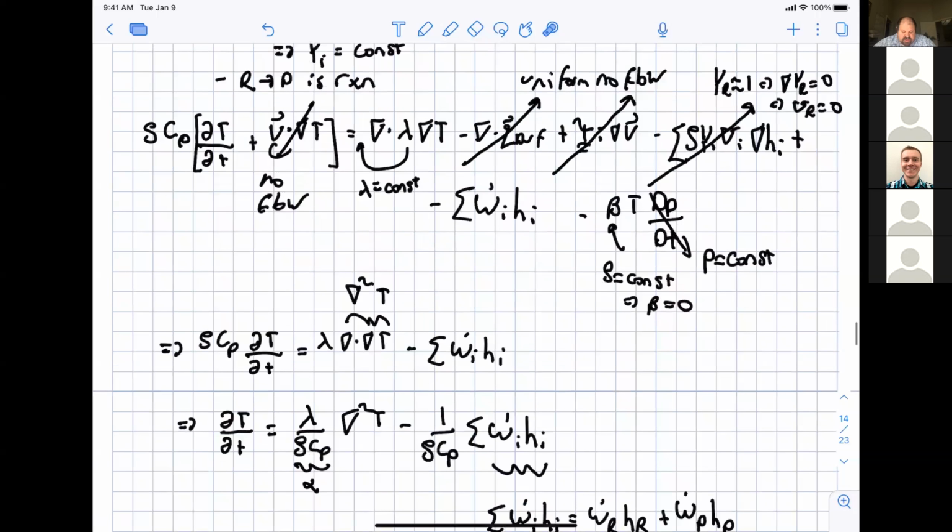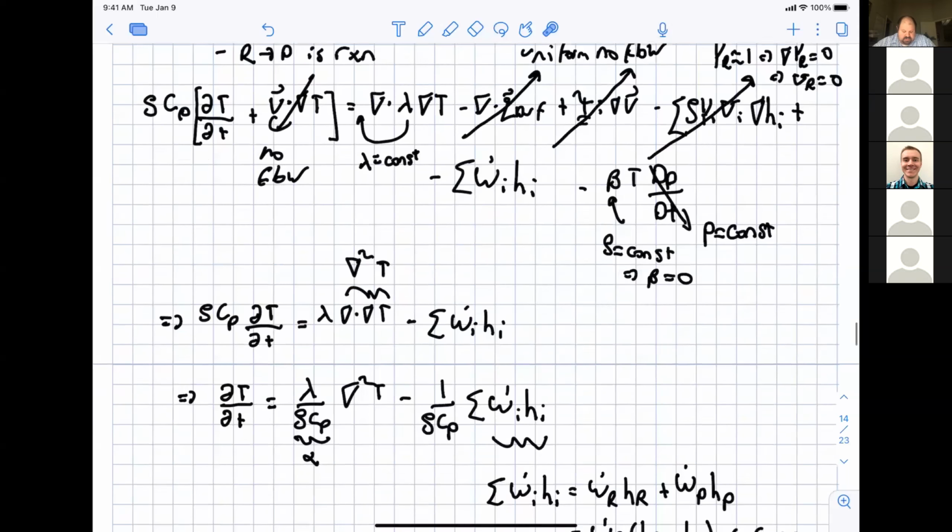And so when we do that, based on what was set up here, we have rho Cp partial T partial time equals lambda, which is the thermal conductivity, times the Laplacian of temperature, plus the chemical heating term here. Okay, so are there any questions with this?